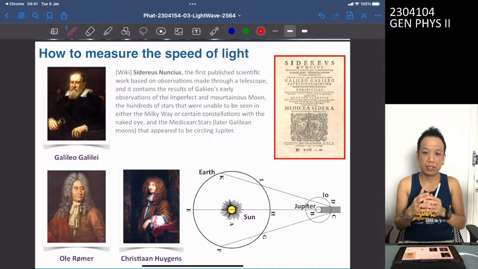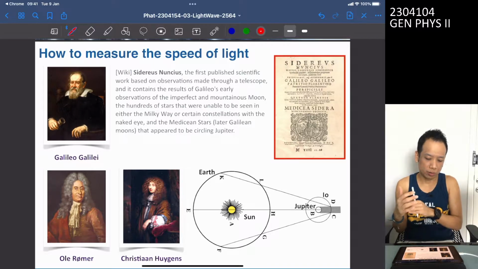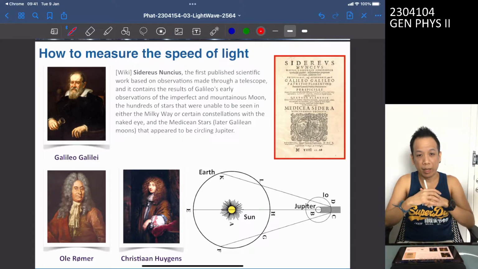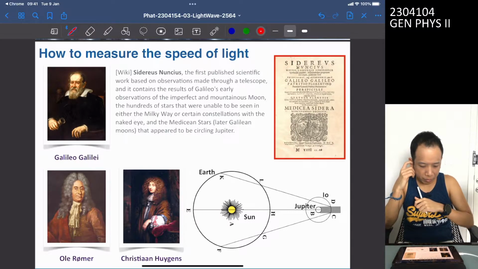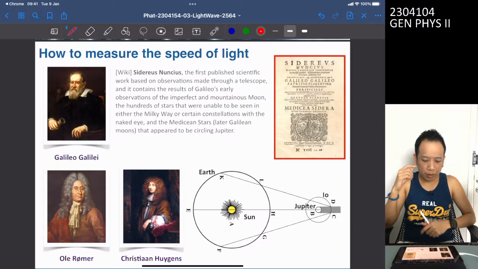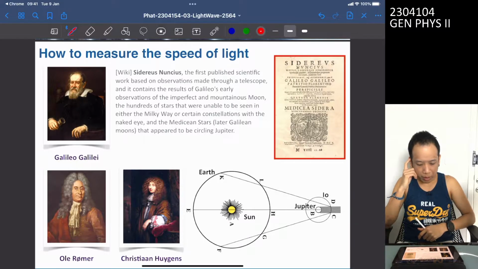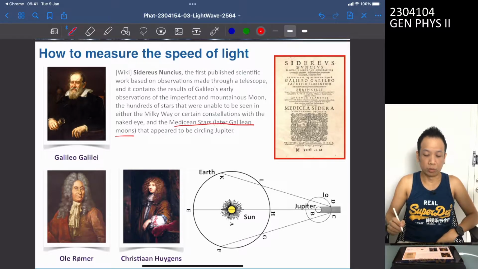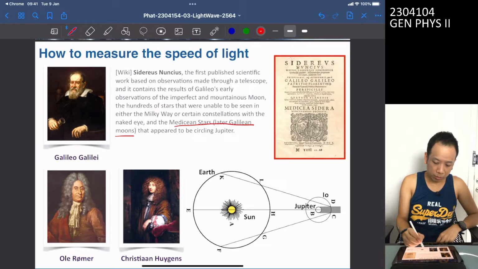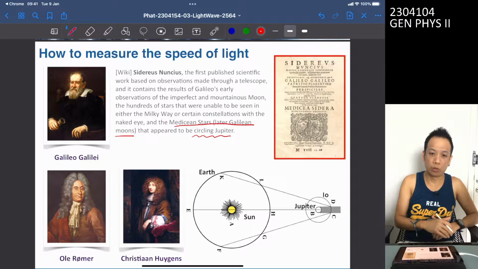What he did was based on something from Galileo. Galileo had released scientific work based on observations he made through the telescope, and in that paper he also mentioned the Medicean stars, what we later call the Galilean moons. These are the moons that appear to circle around Jupiter.